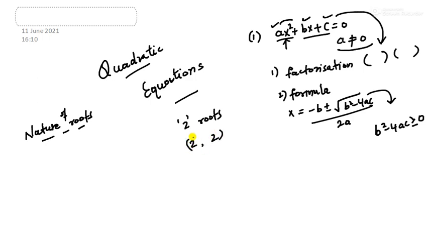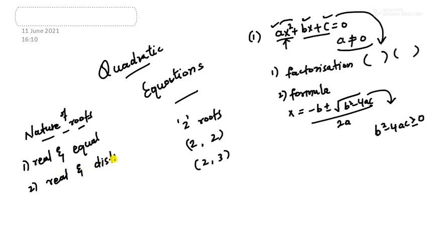Both of them will be positive or both of them will be negative. We call such roots real and equal. Sometimes one is 2 and the other is 3, or minus 2 or 3, and they will be called real and distinct.